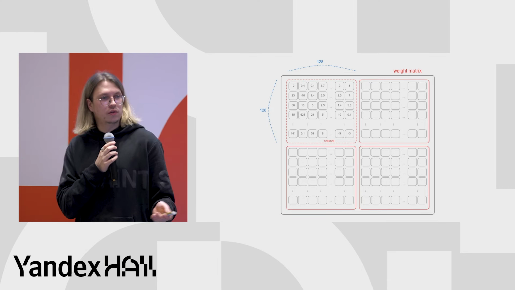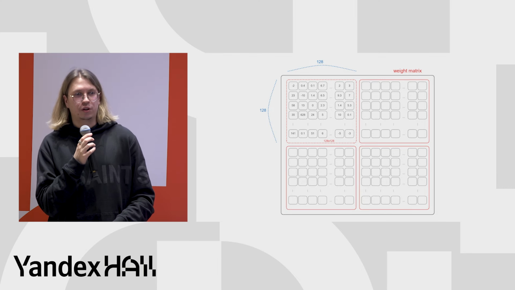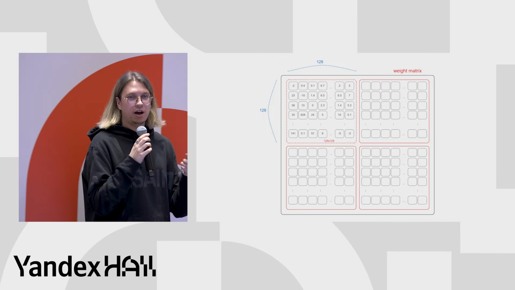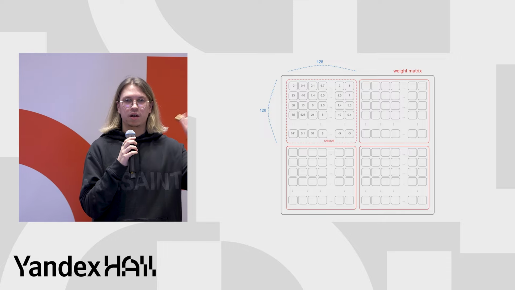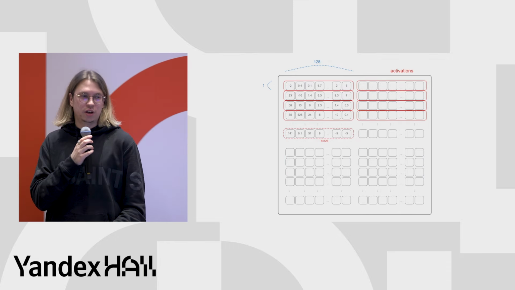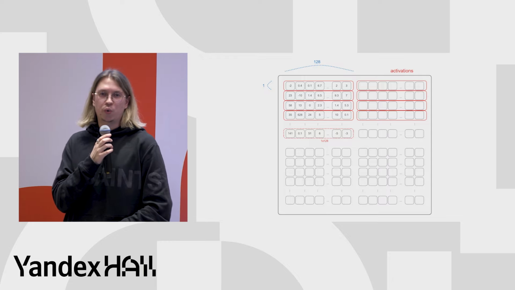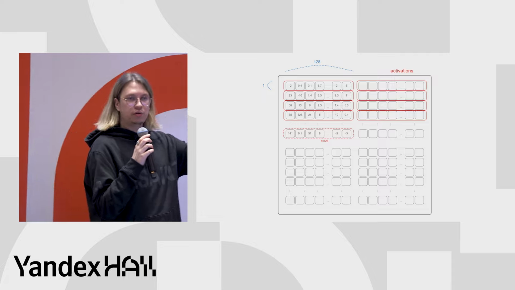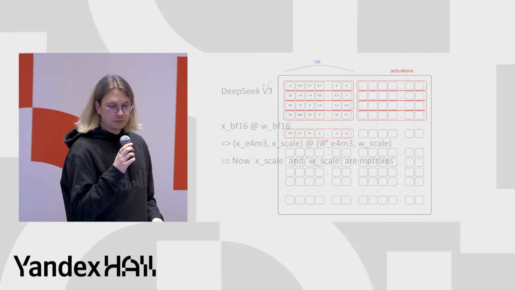So now the A scale and B scale that we discussed is also a matrix. It is not just a single scalar, it's a matrix of these scales. And you can have the same for activations, and for activations they use rows of 1 by 128, and you compute and scale all of these blocks independently.